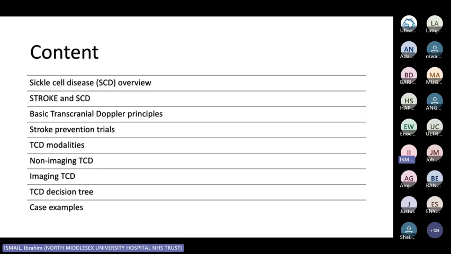And then following the TCD diagnostic aspect, what happens next? Which is communicated as a decision tree. Depending on the results, you will follow a particular pathway following the examination.